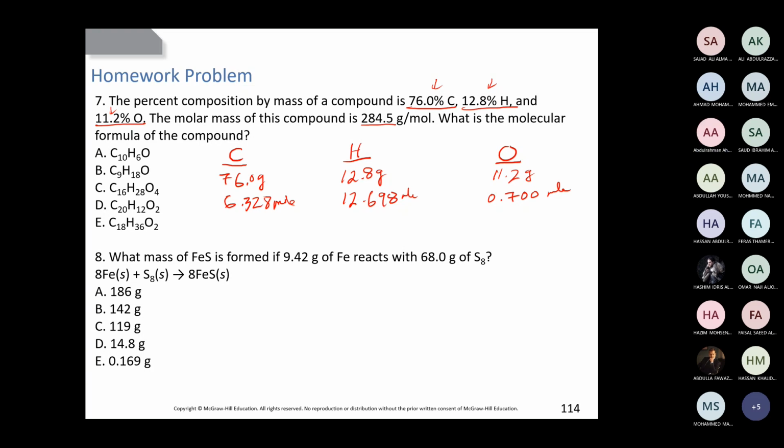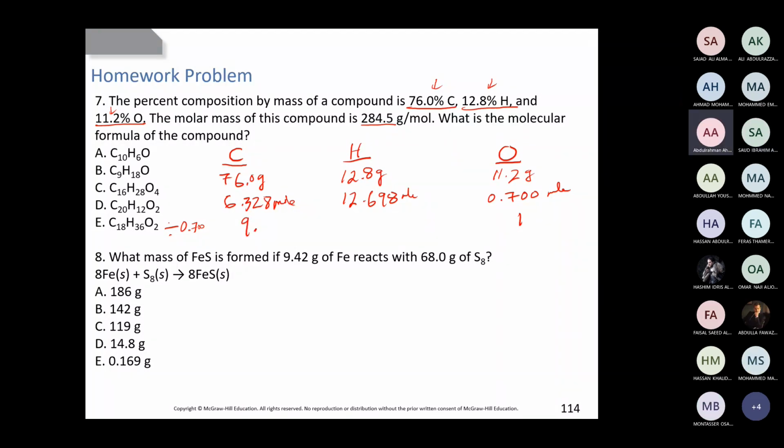Divide by what? Divide by the smallest number. Actually, divide by 0.700. What's the answer? This is 1. What will this be? Carbon, 9.04.